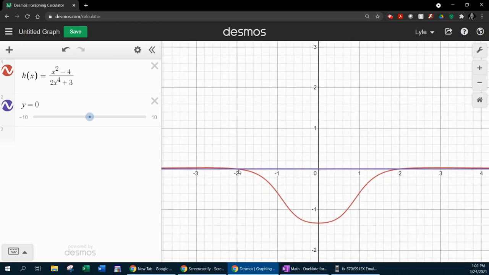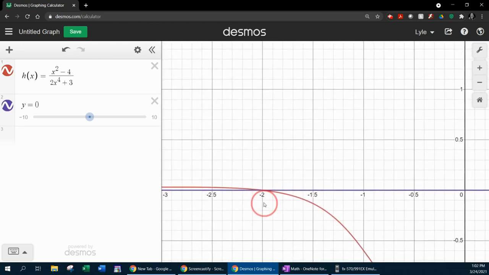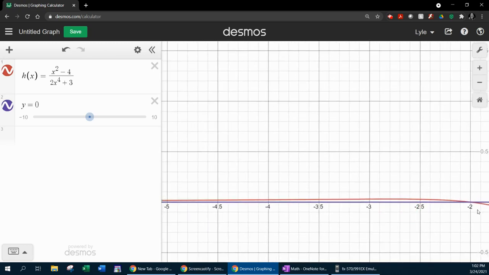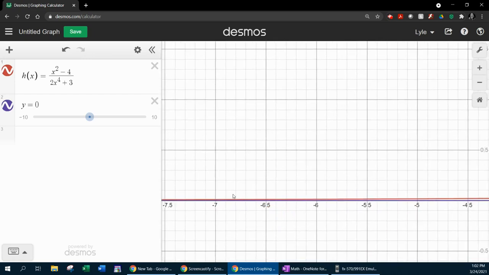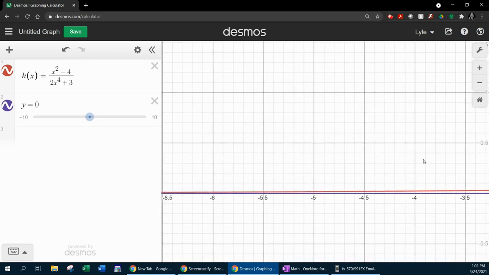Now, I would like to point out that this graph does actually cross the asymptote. It goes above it, and then as it comes on to minus infinity, notice it's getting closer and closer, coming back down. So, horizontal asymptotes can be crossed.